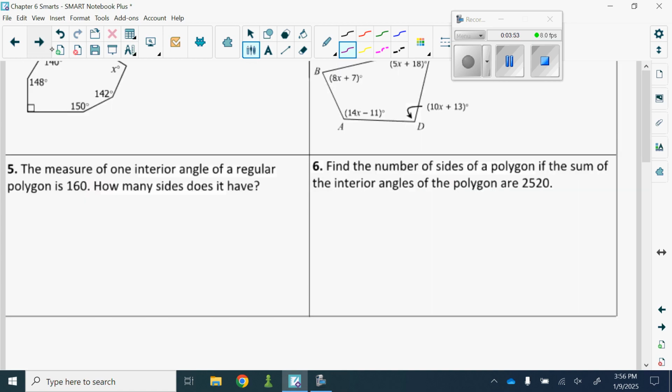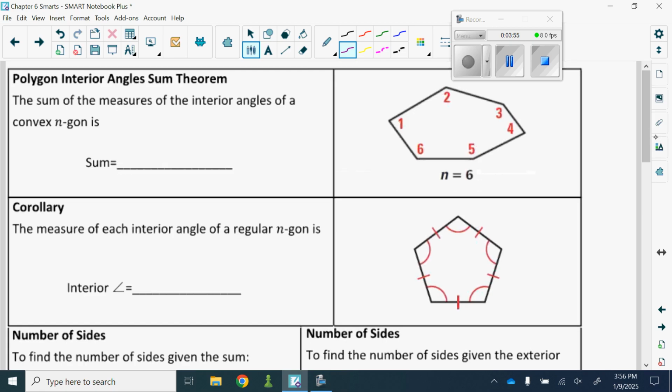Okay, moving on. So the polygon interior angles sum theorem: the sum of the measures of the interior angles of a convex n-gon is n minus 2 times 180 degrees, which is what we just did.